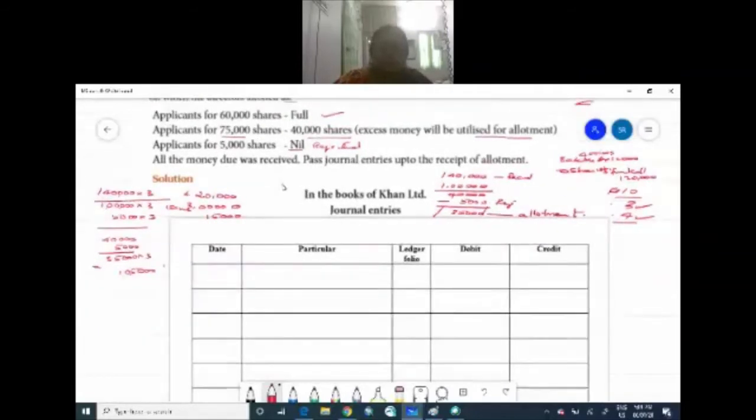Now see your illustration problem. See here, you have bank account debit to share application, being application amount received.